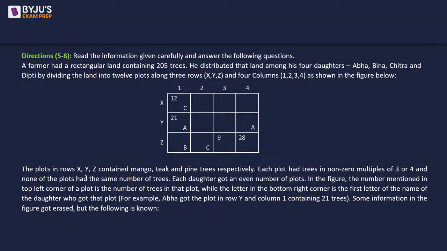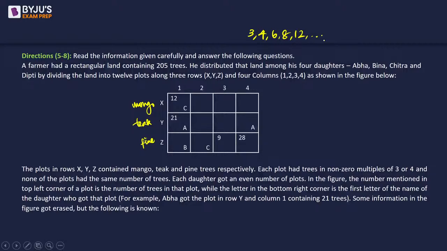The plots in rows X, Y, Z contained mango, teak, and pine trees, respectively. Each plot had trees in non-zero multiples of 3 or 4. So it's going to be in the table of 3 or 4, as in it can be 3, it can be 4, it can be 6, it can be 8, it can be 12, and so on.